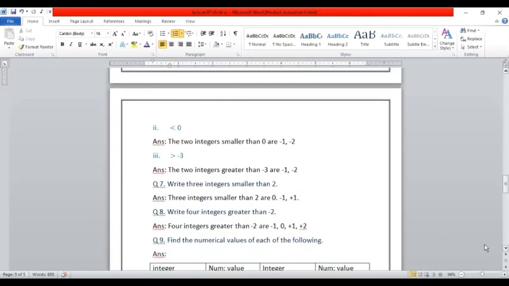Dear students, here it is similar. Here we have to consider the smaller numbers, two integers smaller than 0.